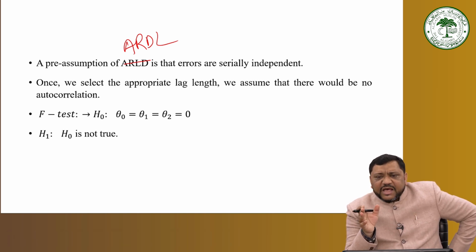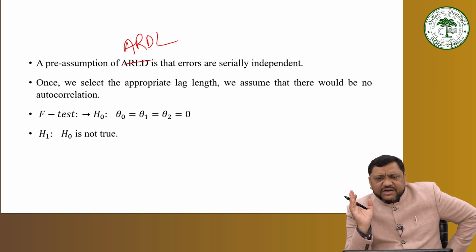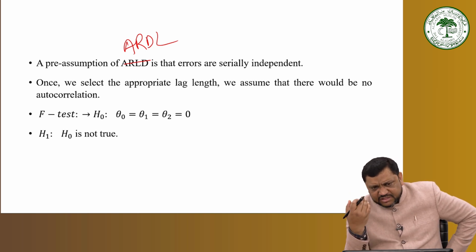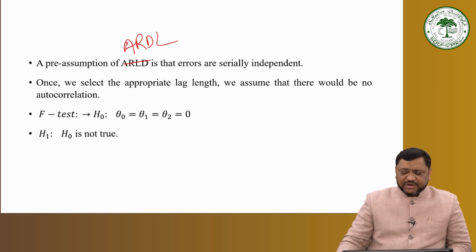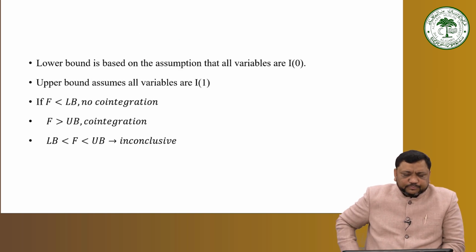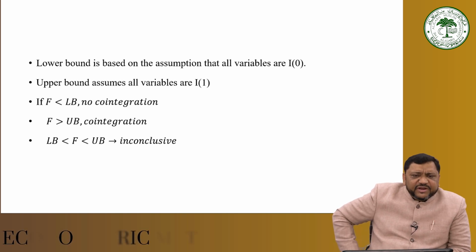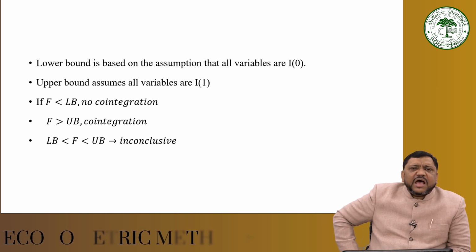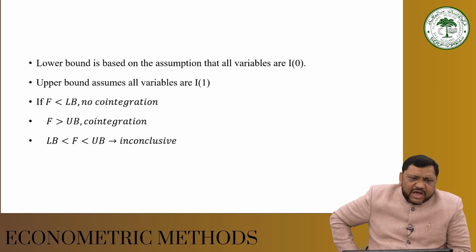So Pesaran and their colleagues gave bounds on the critical values for the asymptotic distribution of the F statistic. They basically gave the upper bound and the lower bound to test this particular hypothesis. The lower bound is based on the assumption that all the variables are I0, and the upper bound assumes that all the variables are I1.